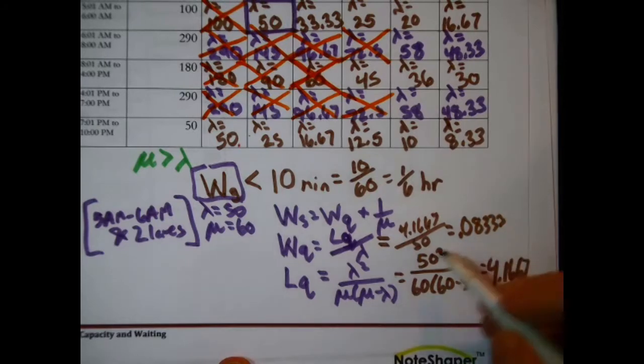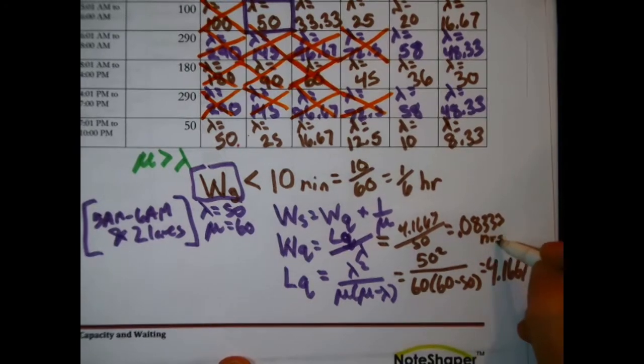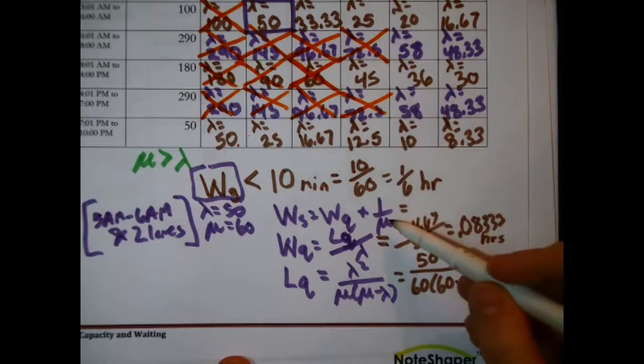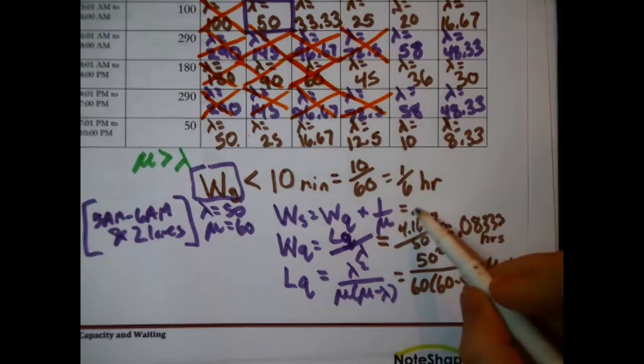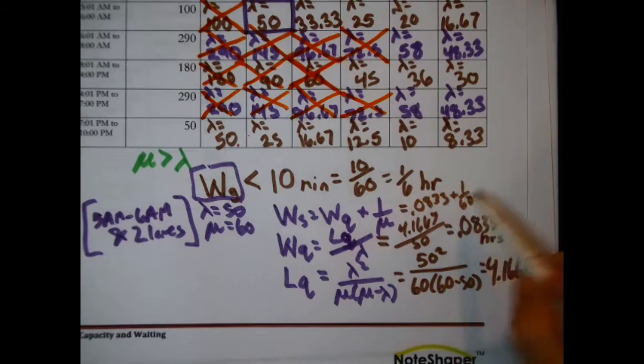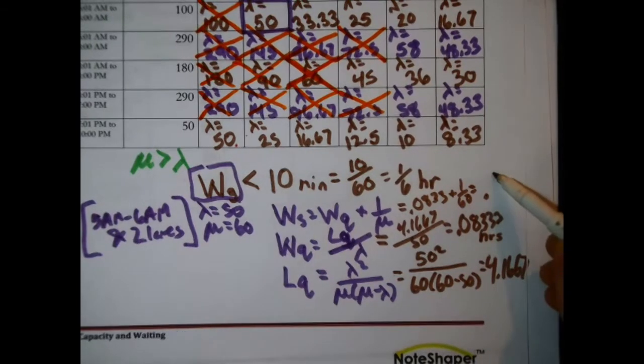That is the average wait in the queue, in hours. Store that number, because we need it here: 0.0833 plus 1 over 60. Divide 60 into 1, add them together, and you'll get 0.1, essentially.